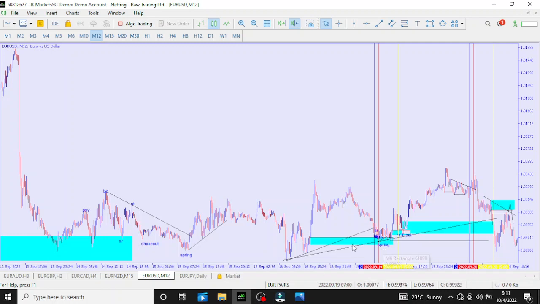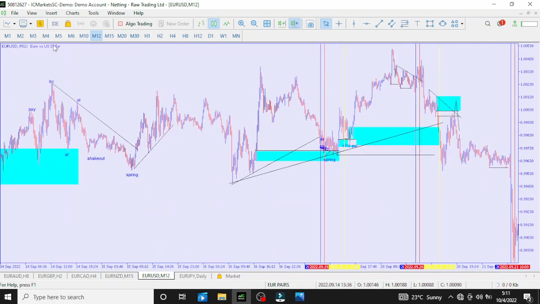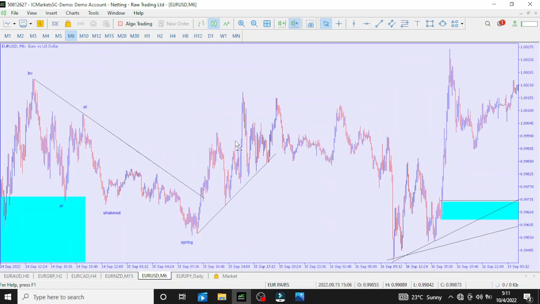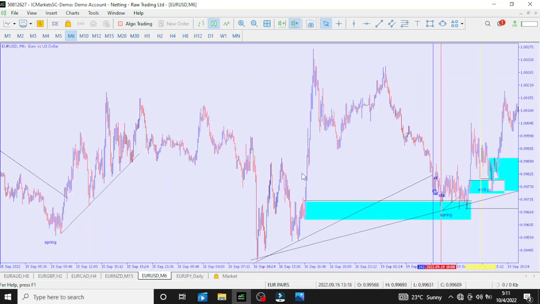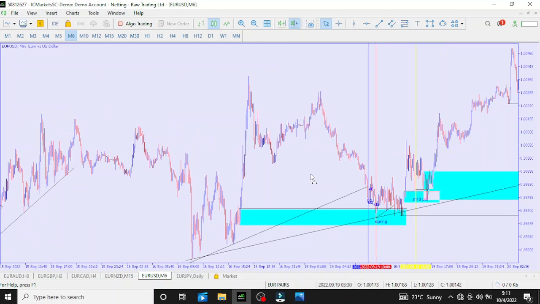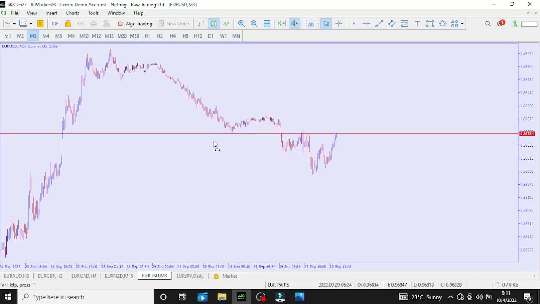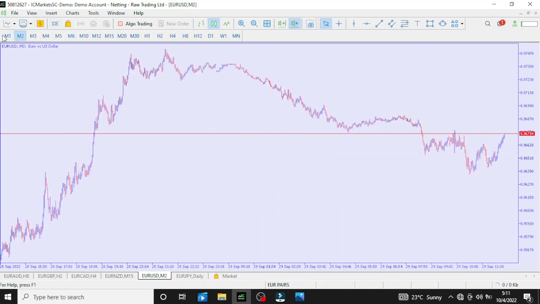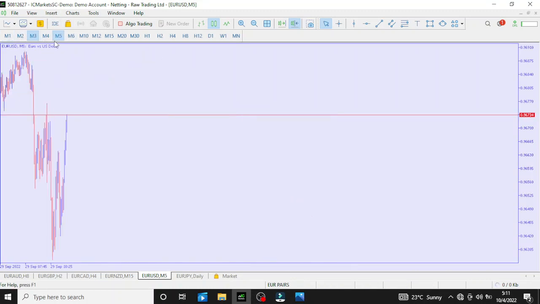It's started to accumulate. You see, we've built an interesting case, and after that, I saw this momentum trend line, and I went on to lower time frame. Sorry, guys.